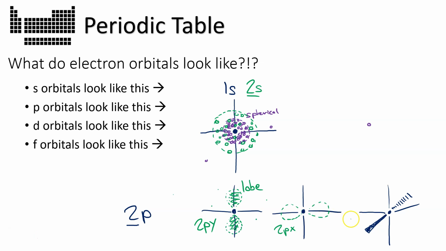If you know this from math class, I'm drawing out the z-axis, and we would also have a third 2p orbital that goes behind the screen and out in front of the screen, oriented along the z-axis. So there are three different p orbitals, the 2px, 2py, 2pz, in these lobe shapes.